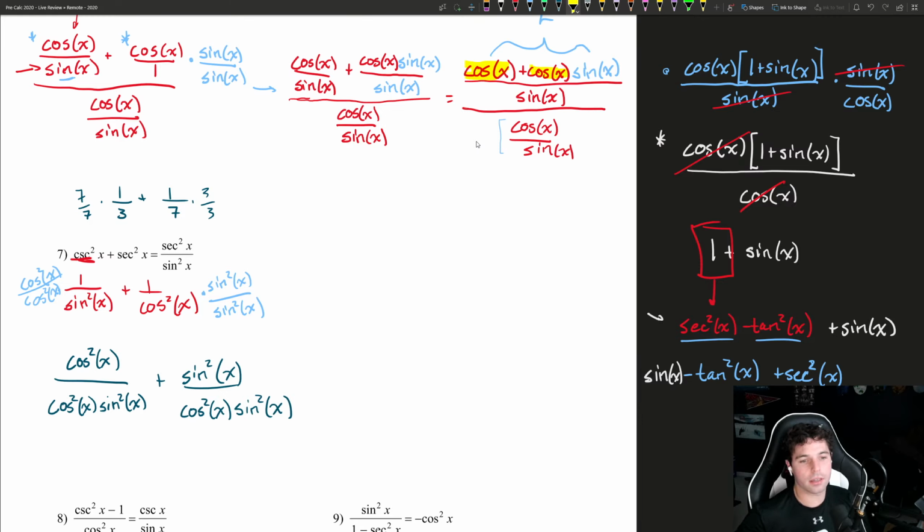And when we do that, because we have that common denominator, we can just add the numerators together and keep the same denominator. Okay, so then we have cosine squared plus sine squared up top, which you should immediately recognize as 1.